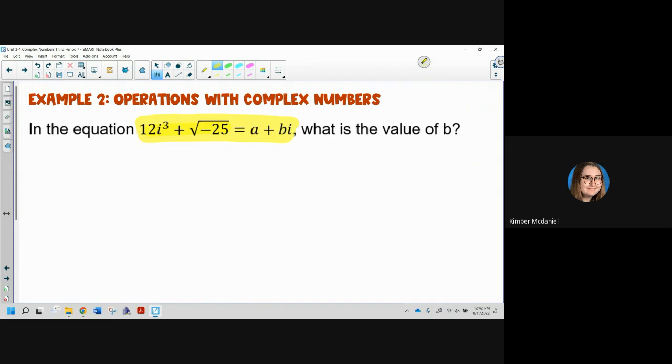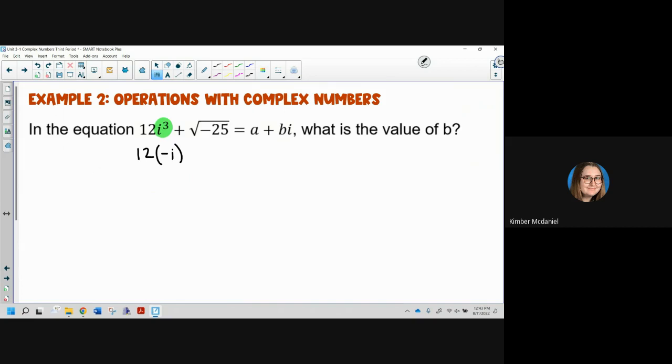Now again, just like we did in the last example, I work left to right. Going left to right down that equation, the first thing that we come across is the i cubed. We have stated a couple of times now that i cubed is equivalent to -i. So I'm going to start by replacing that.